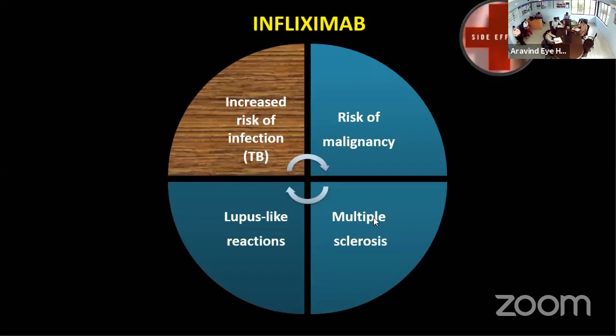So whenever you start infliximab, you are supposed to order a CT brain to rule out multiple sclerosis, and a CT of the thorax to rule out TB, in particular in the Indian scenario. Of course, be very clear that you are not dealing with a case of masquerade, because there is also a risk of malignancy forming while trying to treat an aggressive disease.